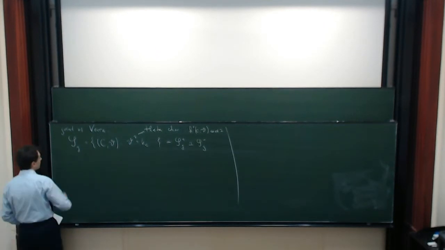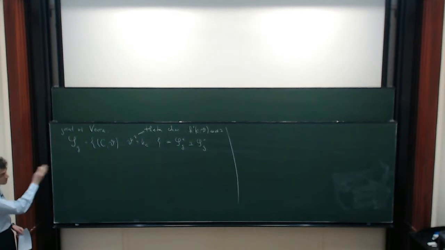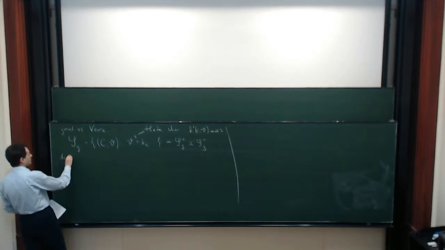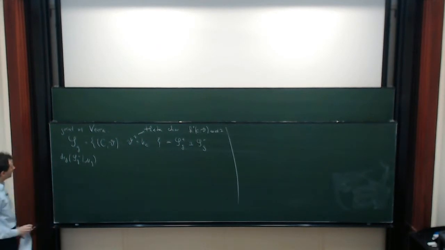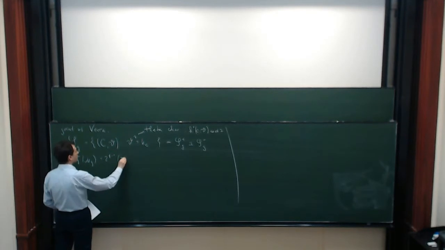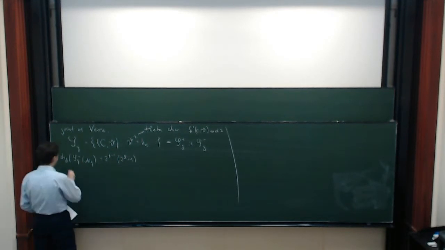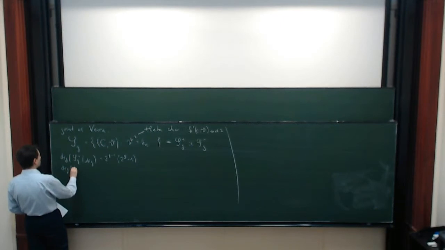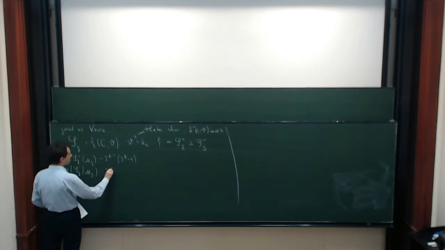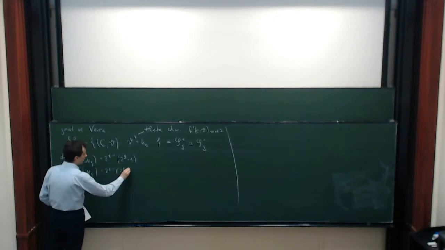The numbers of even and odd theta characteristics are constant over all curves of genus g. The number of even theta characteristics is 2^(g-1) times (2^g + 1), and the number of odd theta characteristics is 2^(g-1) times (2^g - 1).